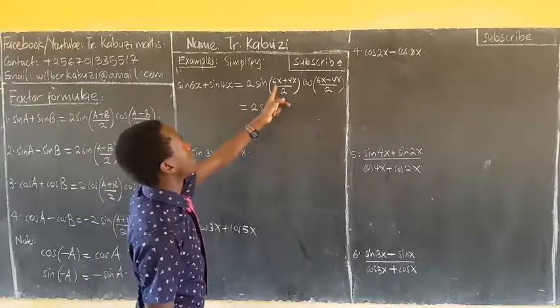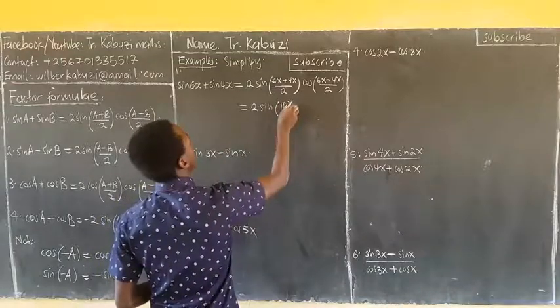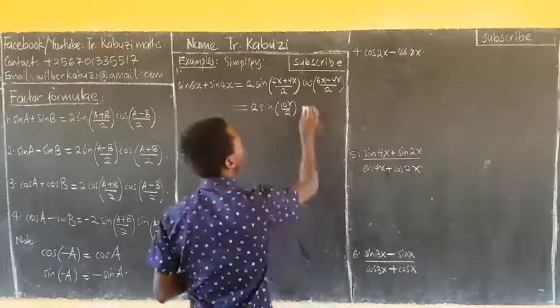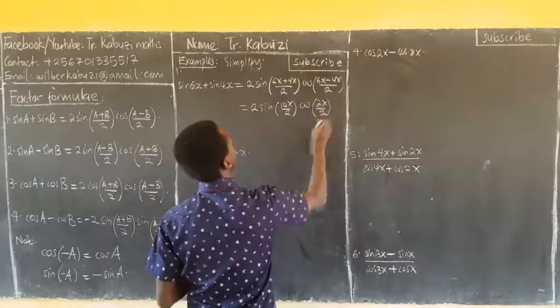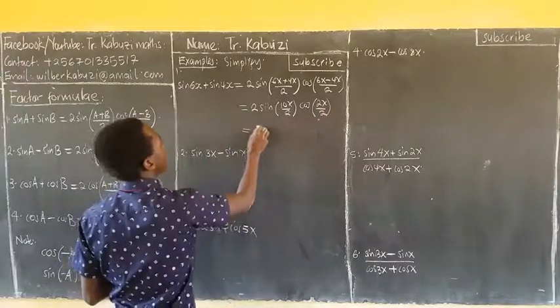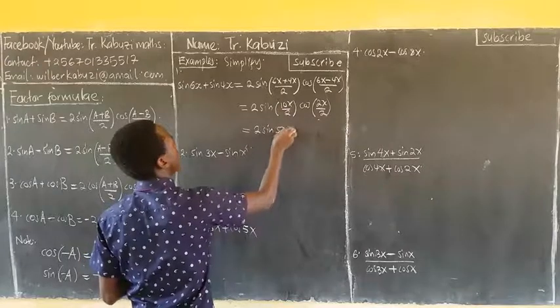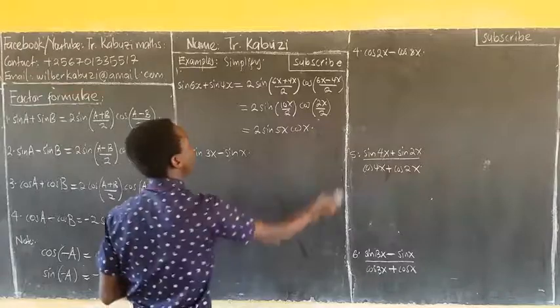When you add 6 plus 4, you get 10x over 2, and 6x minus 4x gives 2x over 2. So we simplify this as 2 sine 5x cos x.